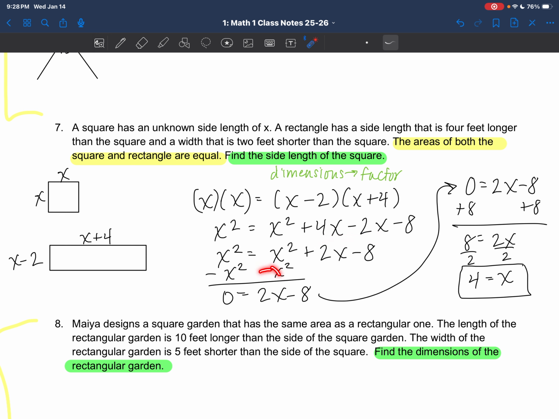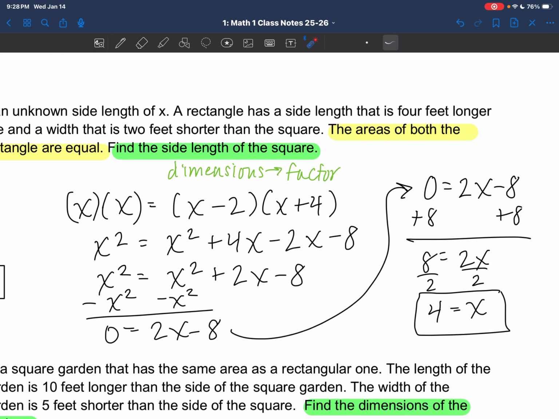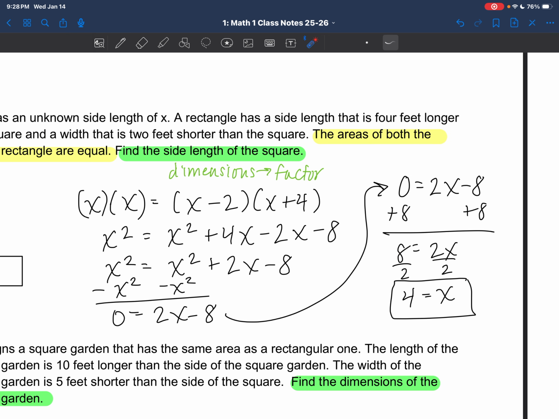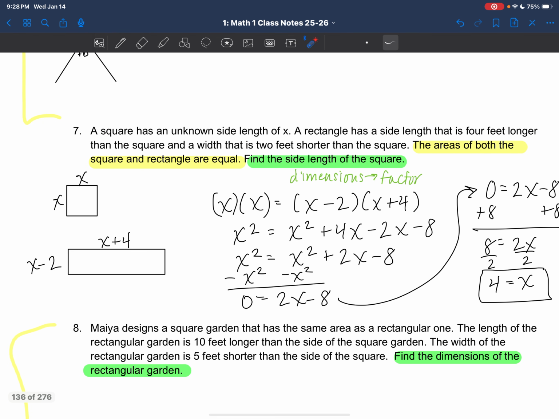So now we need to move x squared over here, and that actually cancels that out. So I'm left with 0 equals 2x minus 8. I'm going to bring it over here, just so we have a little bit more space. So I'm going to add 8 to both sides. And I've got 8 equals 2x, divide by 2. X equals 4. So now we know the side length of the square. So we know this side is 4, so all the sides are equal to 4.